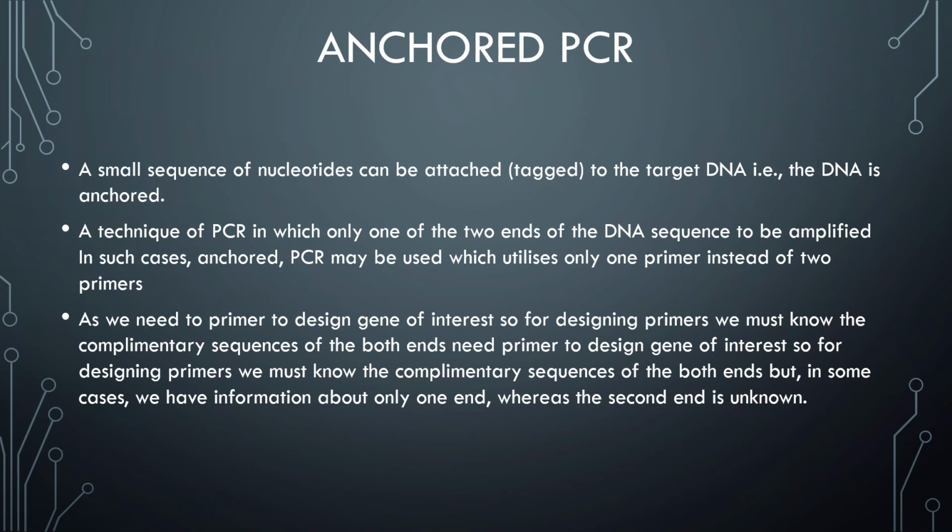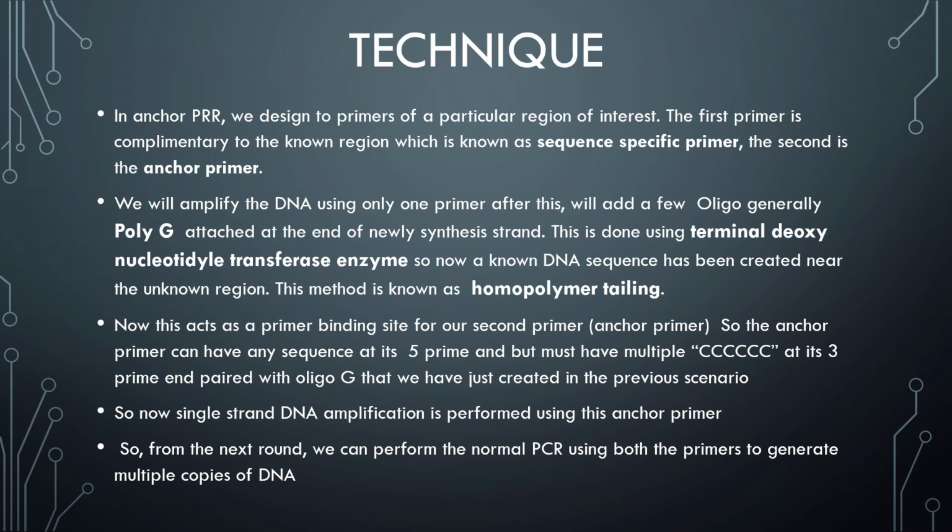In such cases, anchored PCR may utilize only one primer instead of two. It's amplification only of the ends, not the entire sequence. Here, one end may be known and the other unknown. This is how the technique occurs.